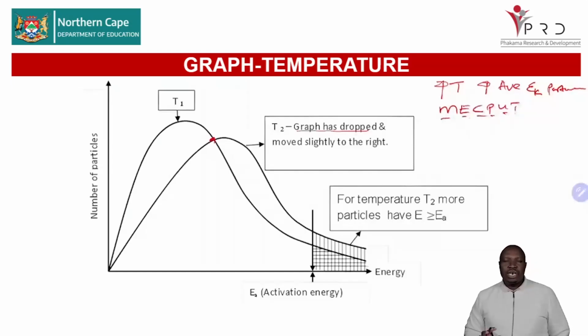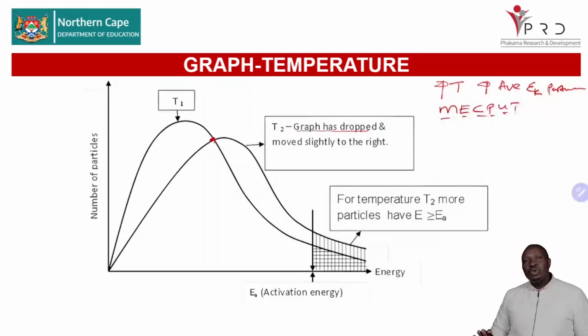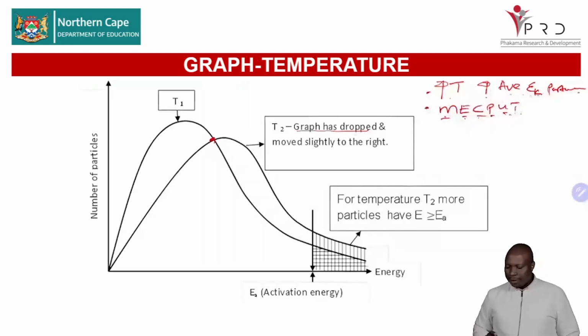You can't write MECPUT. I'm just saying it so that you are able to remember how to write it. The first bullet: when we increase temperature, we increase the average kinetic energy of the particles. The second bullet, remember we're using bullets: more effective collision per unit time, in full.